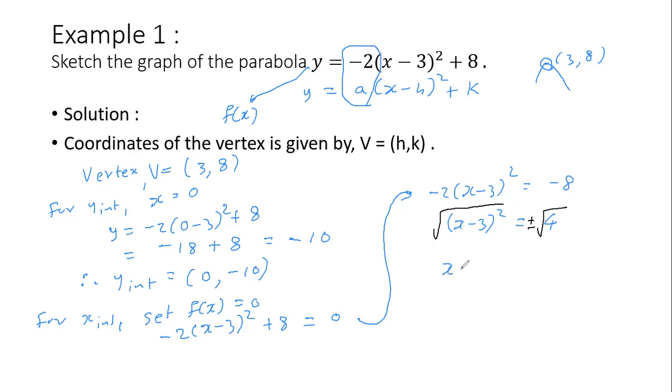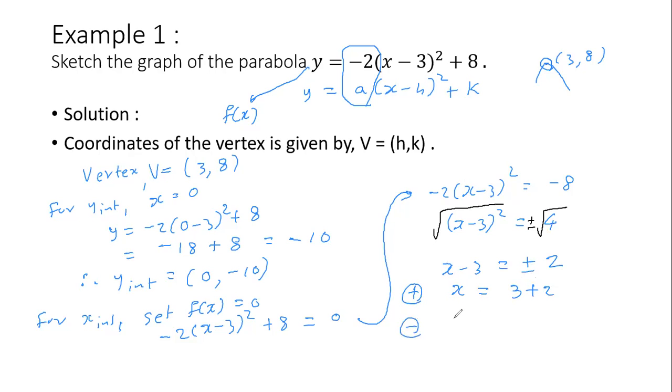We get x minus 3 equals plus or minus the square root of 4, which is 2. With plus we get x equals 3 plus 2, which is 5.